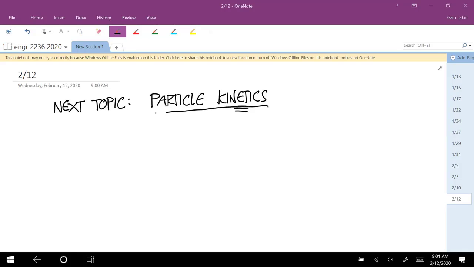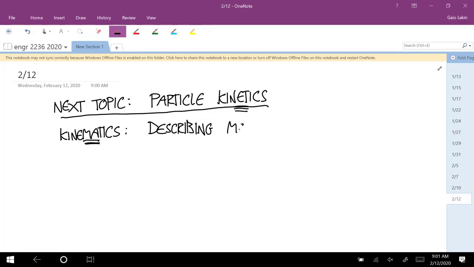Okay, so sounds like particle kinematics, but it's different. So kinematics is describing motion without dealing with the causes of the motion.